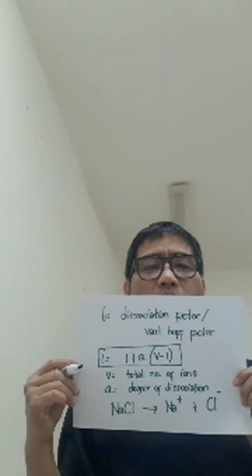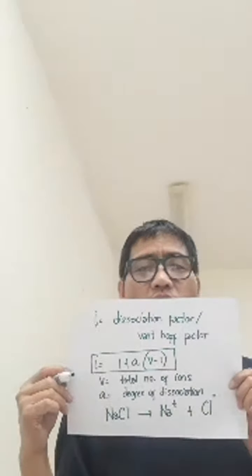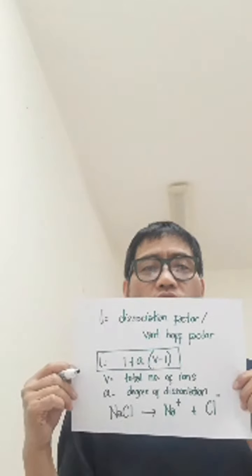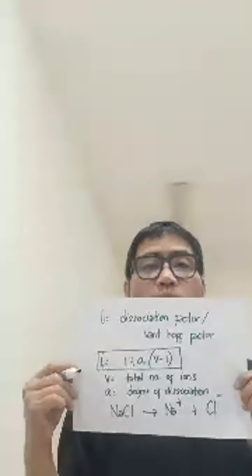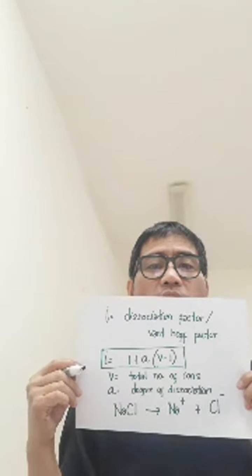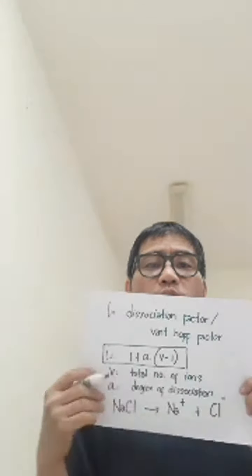Before dissociation, at time equal to 0, our value of sodium chloride will be, say, 1, and the value of sodium positive will be 0, and chloride 0.